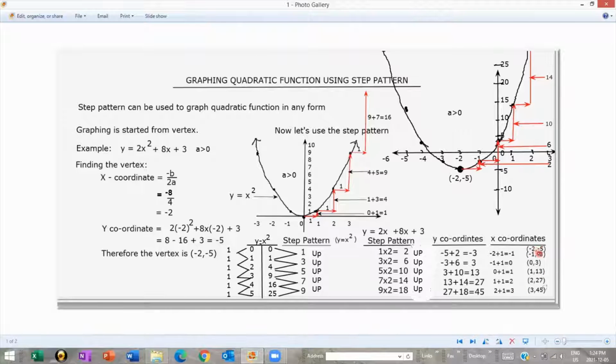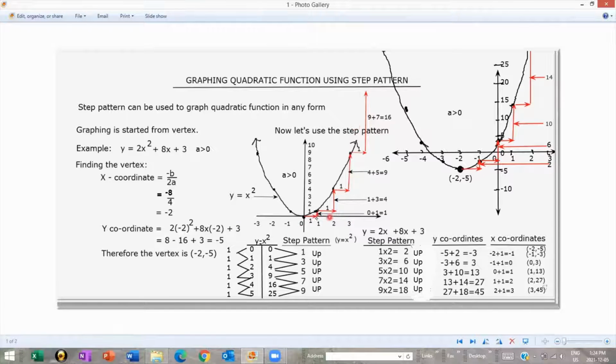Then your new coordinates are like this: negative 2, negative 5, which we found here. Then these are your new points: negative 1, negative 3; 0, 3; 1, 13. So from negative 5, you move 1 unit in x each time: 1 unit, 1 unit, 1 unit.